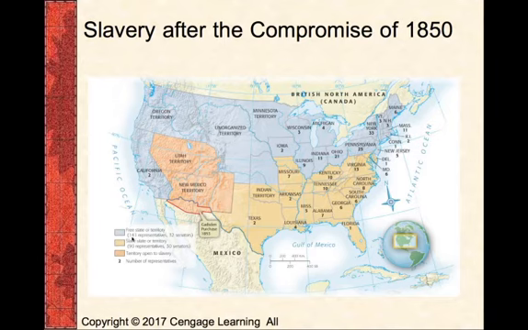Here's the balance. There are 141 representatives in Congress for the North with 32 senators. There are 90 representatives from slave states with 30 senators. So it is unbalanced permanently at this point.